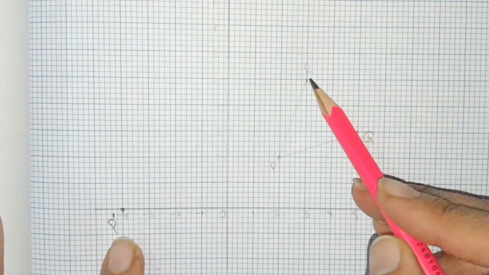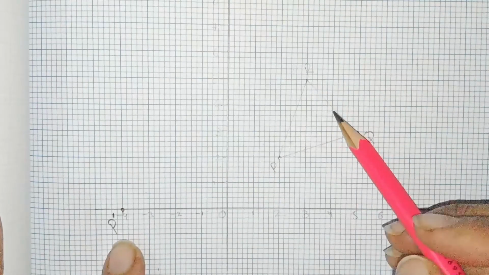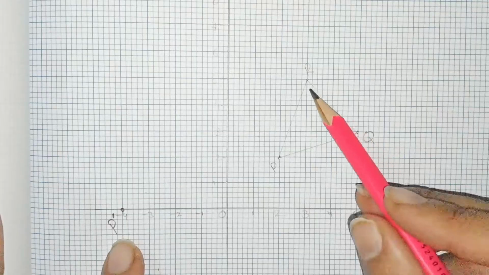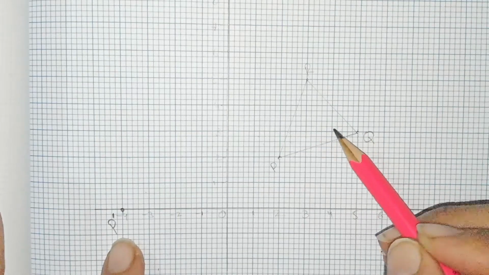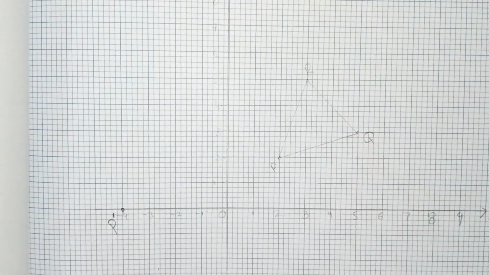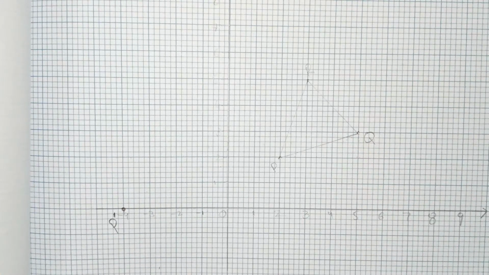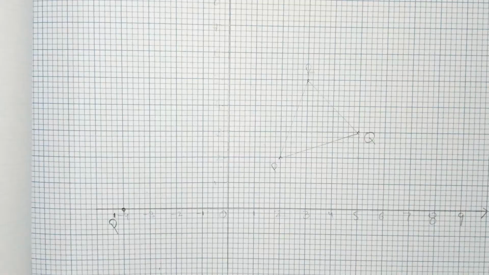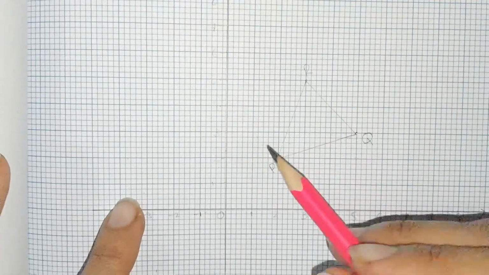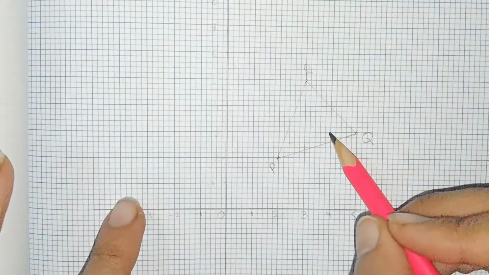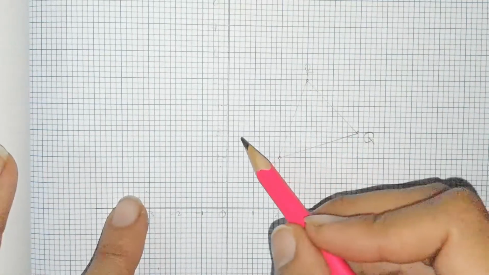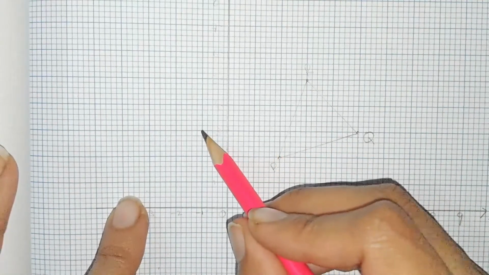Now we have to draw the point R. How many points is R away from Q? It's 2 points, 1, 2 along the x-axis. We multiply the 2 by the scale factor 3, we get 6. And we have to move along the x-axis 6 points, 1, 2, 3, 4, 5, 6.